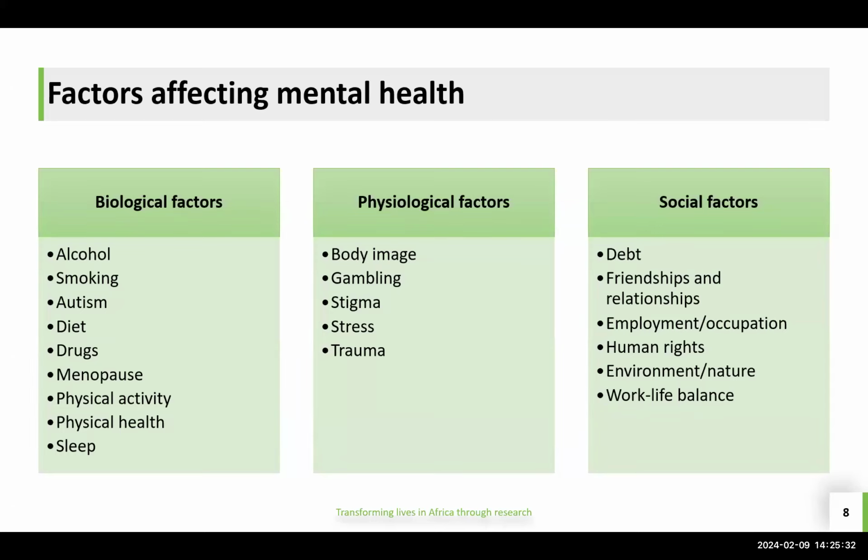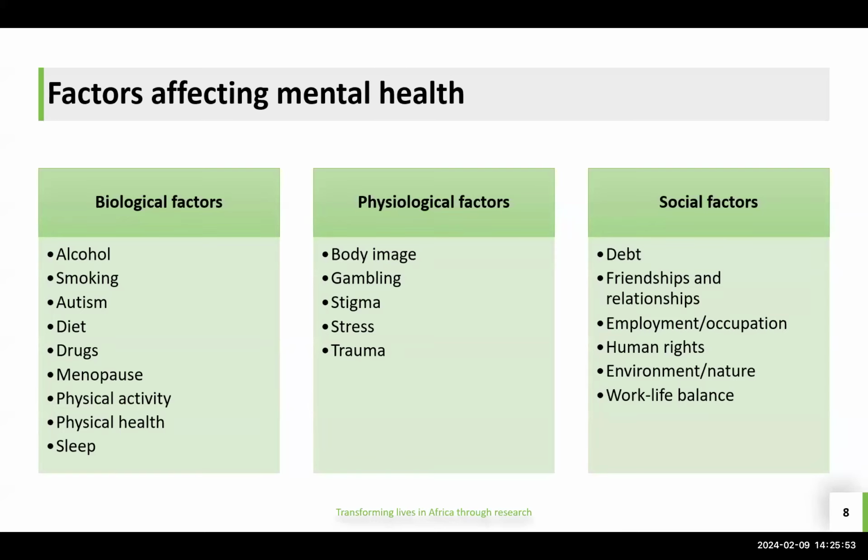The other category of factors affecting mental health can be classified as social factors. Social factors are the environment in which people live, the community in which they live, how they are treated or how they treat other people, or how they consider themselves either to be lucky or not lucky within that environment.